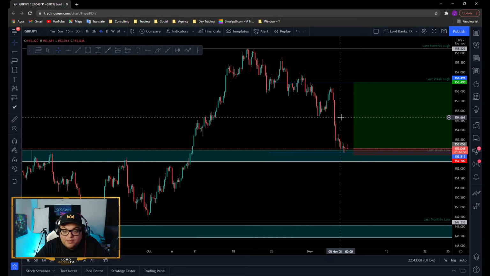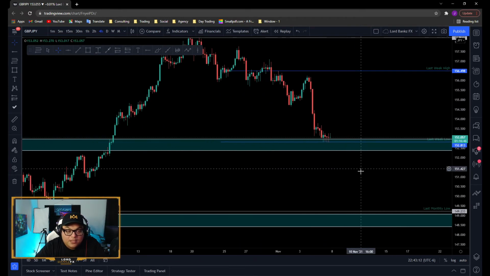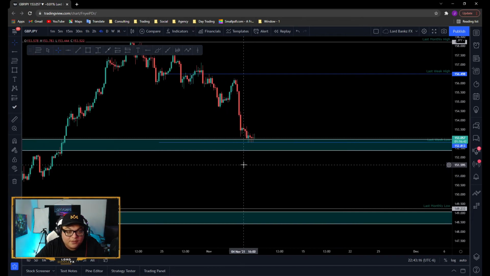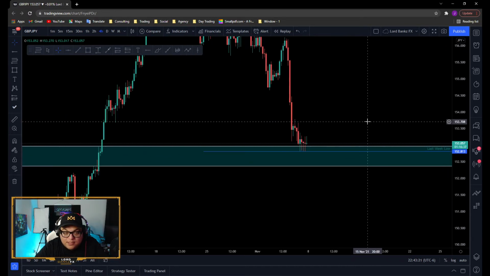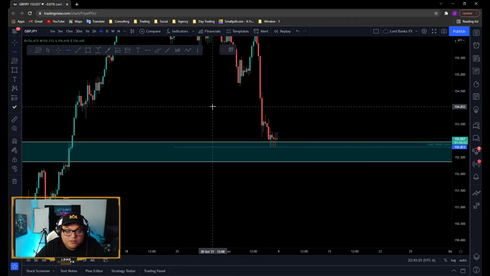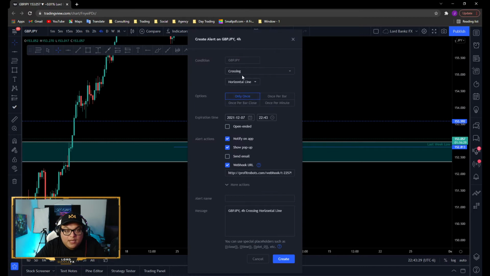But really what I'm going to look for is on the 4-hour. On this 4-hour, I'm going to find where I feel we're changing directions. And for me, it's going to be seeing something crack this level right here. I'm going to go ahead and add an alert.